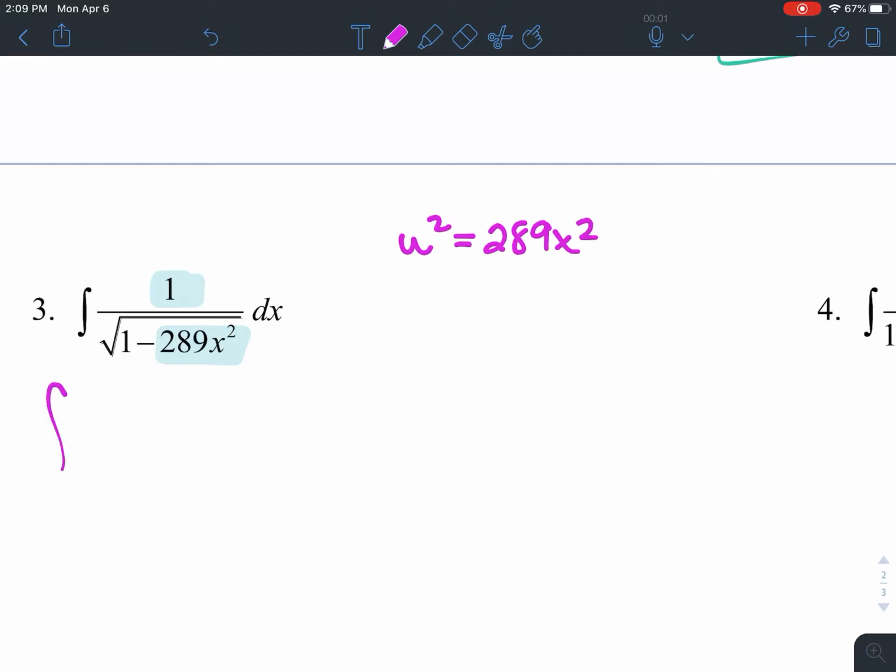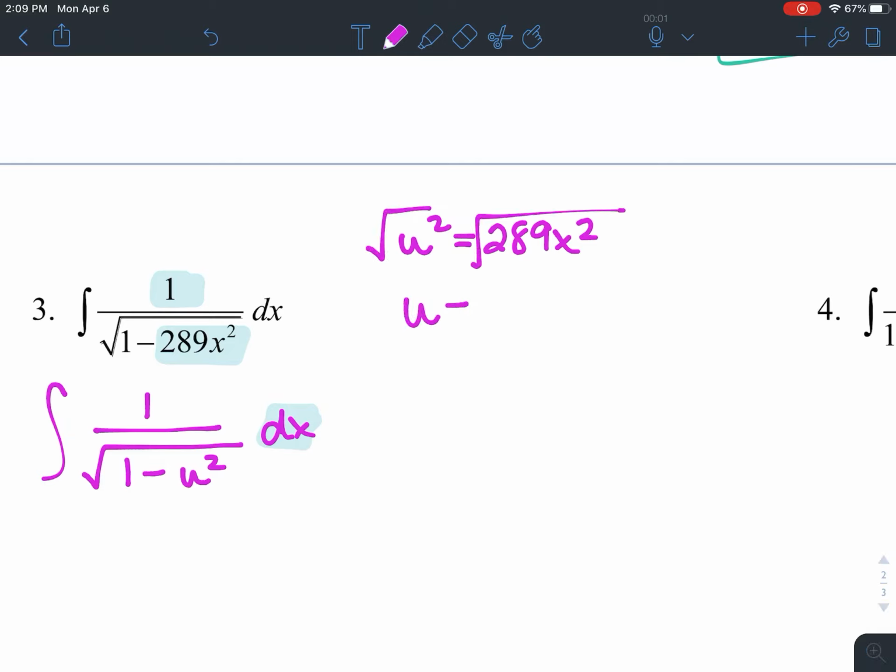So now I've got the antiderivative of 1 over, this one has a square root, 1 minus that u squared. I've got a dx. I need to get rid of my dx, so I need to go back to this and take the square root of both sides. u equals the square root of 289, 17x.